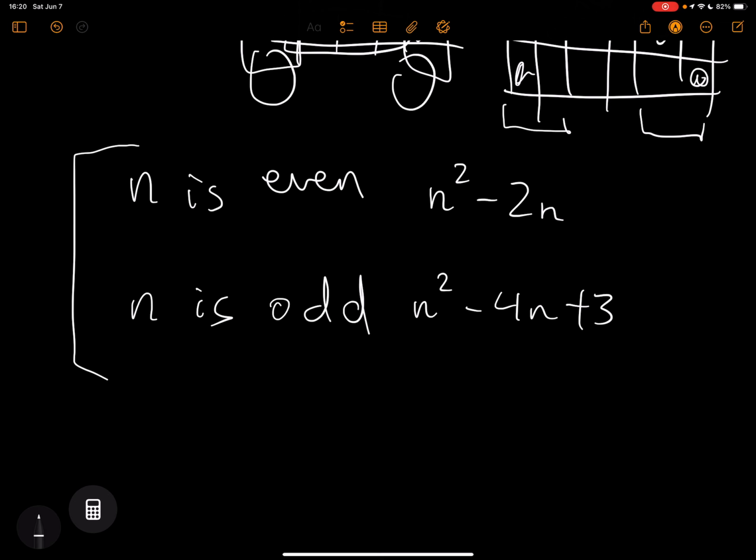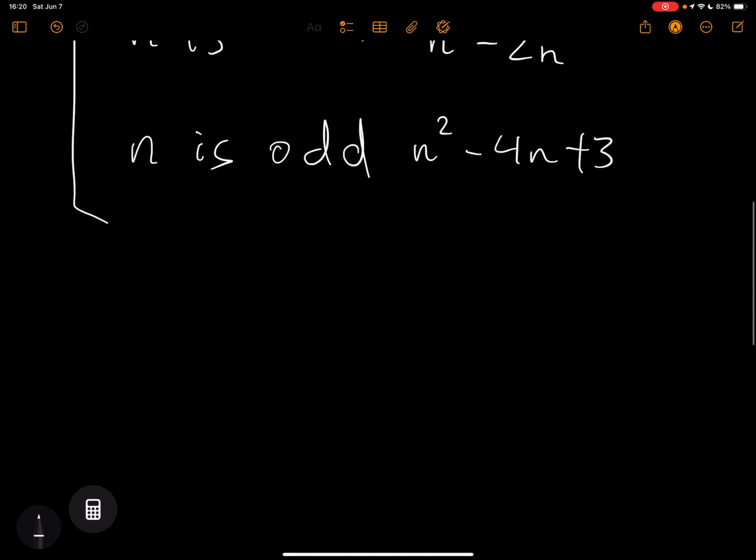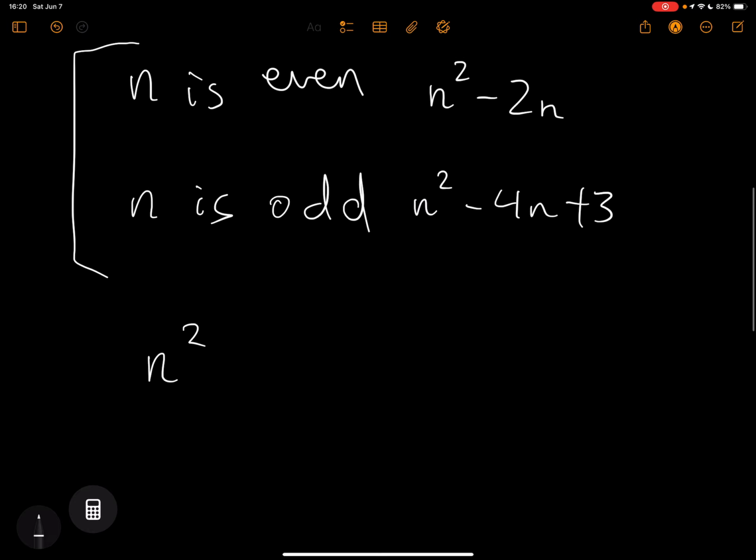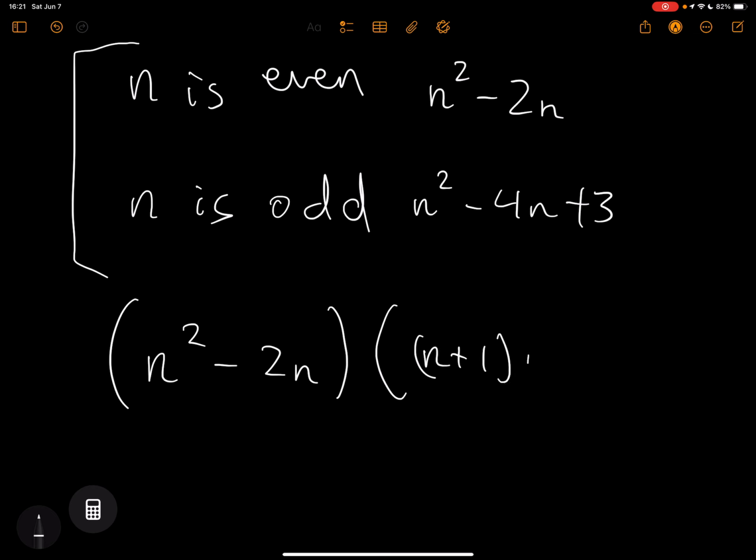This is allowed in the exam, but what if we wanted to generalize? Just a bit of extra practice with modular arithmetic. Really, you just have to do when n is even. So we want this to be multiplied by 1 when n is even, so we can multiply this whole expression by n plus 1 mod 2.